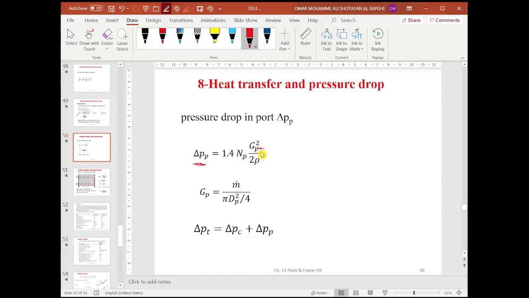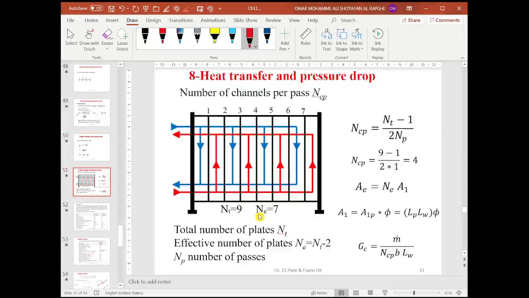Be careful, this is not GC, this is GP squared divided by 2 multiplied by the density, and the mass velocity is equal to the mass flow rate for either of the flow streams, divided by πd squared over 4, which is the cross-section area for the port. Then you add these together, the pressure drop in the channel plus the pressure drop in the port, to get the total pressure drop.